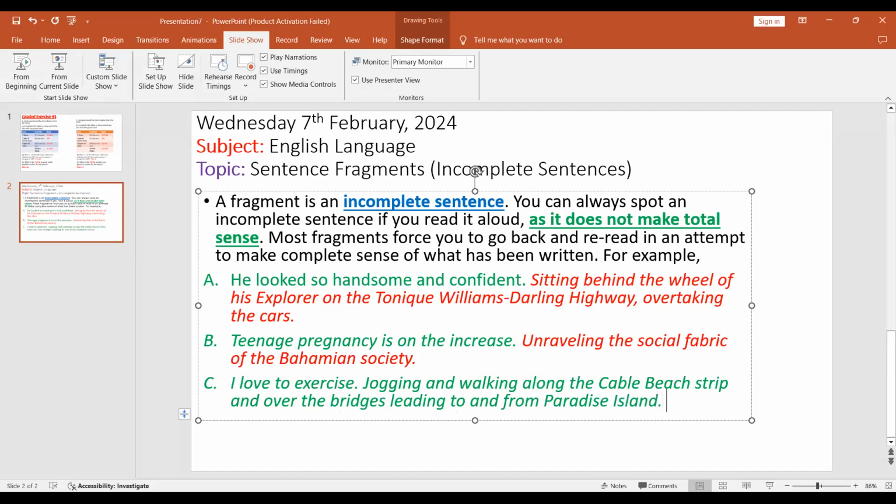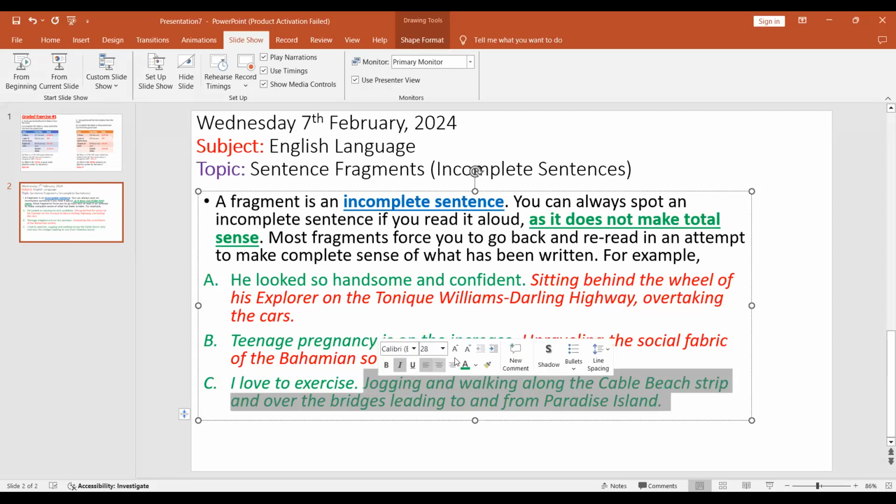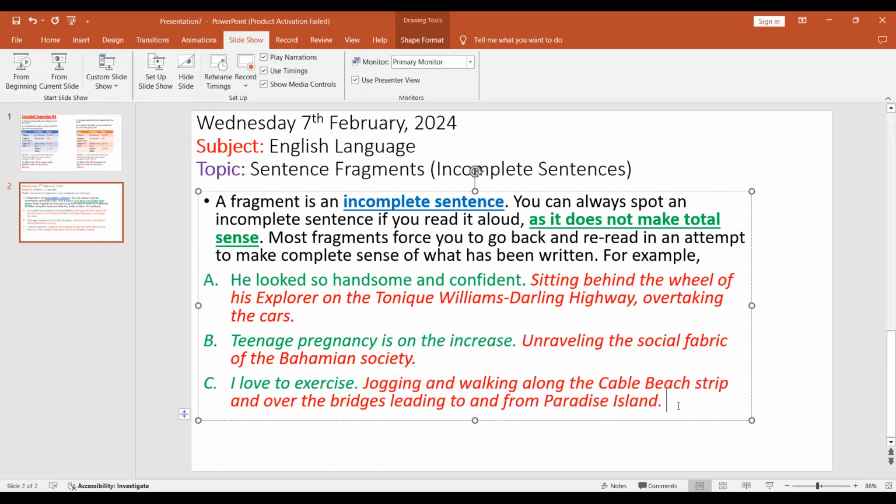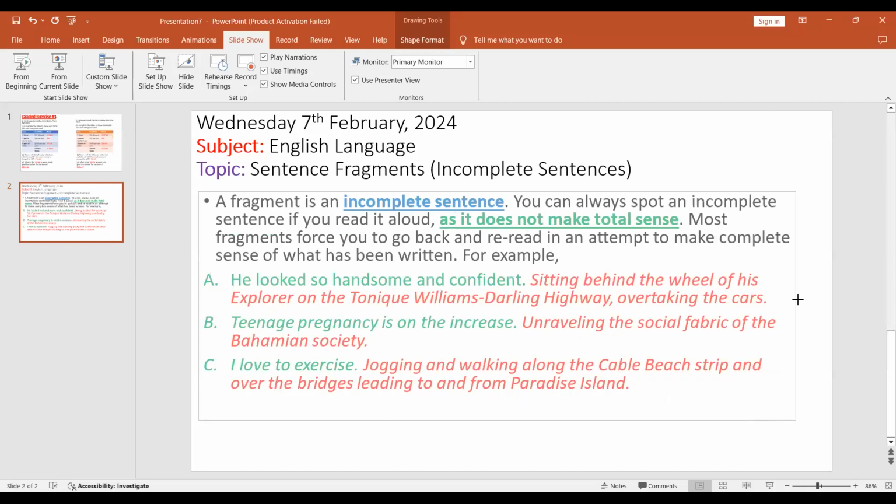Good. Is the second one, jogging and walking along the Cable Beach strip, a sentence or sentence fragment? Fragment. Good. Why is it a sentence fragment? It doesn't say who is walking. It's not saying who is doing the action. It's not saying who, right? So it doesn't express a complete what?